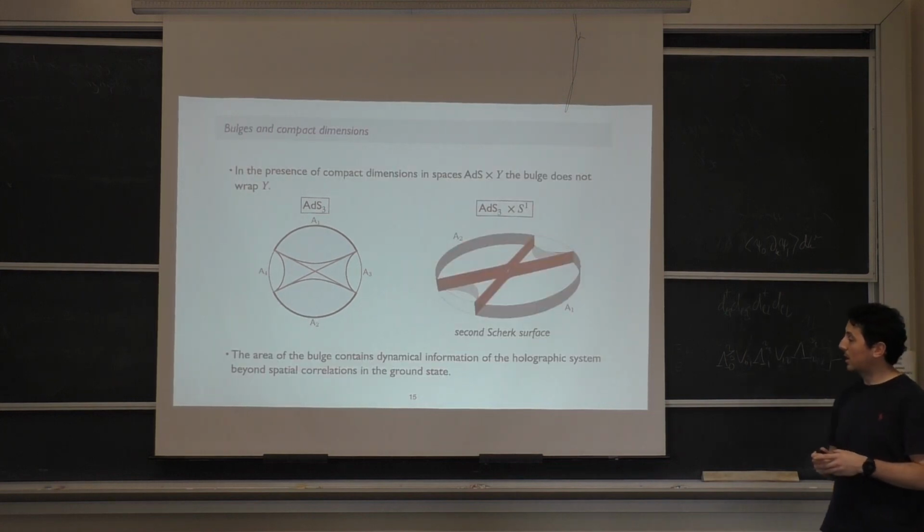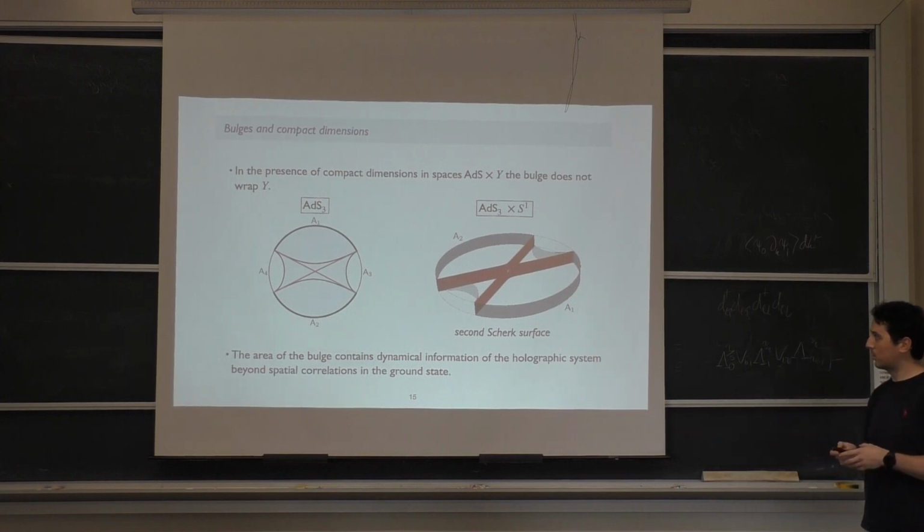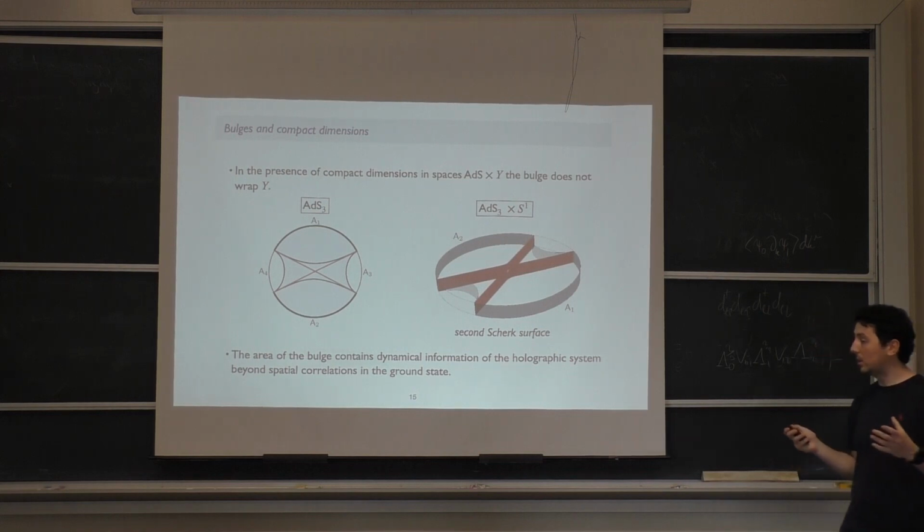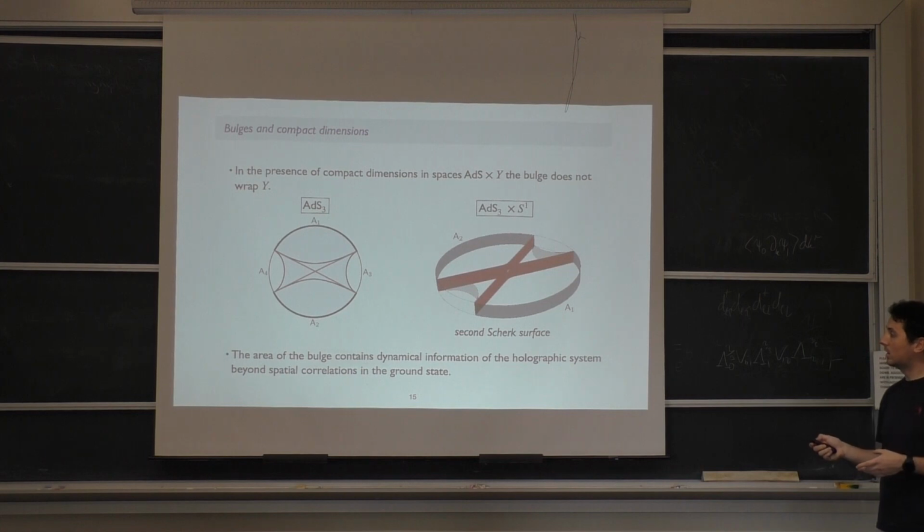Okay, let's now analyze some properties of these bulge surfaces given our prescription to find them. So let's assume that we have some compact space, as it turns out to be the situation in all of the top-down constructions of AdS/CFT. So let's assume that we have an AdS3 times S1.